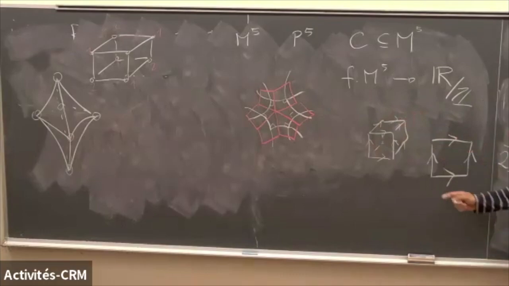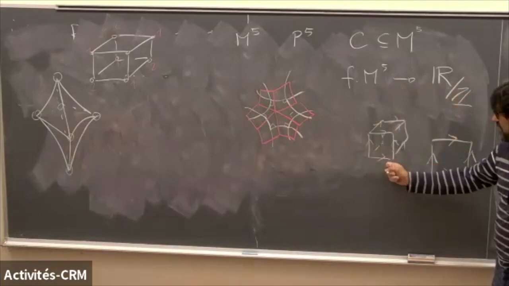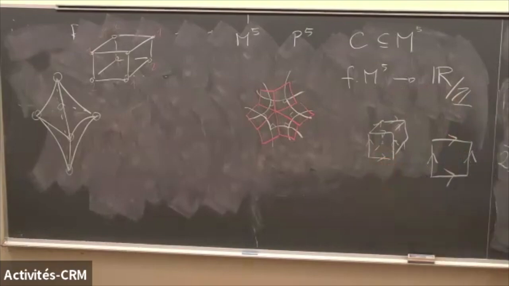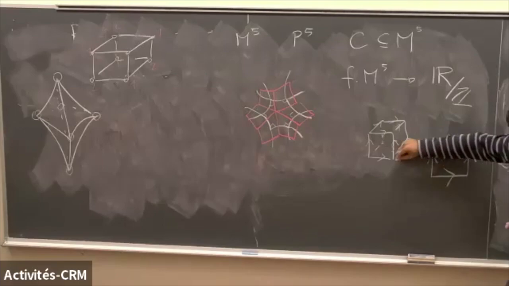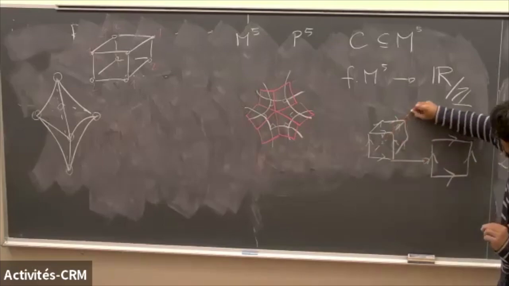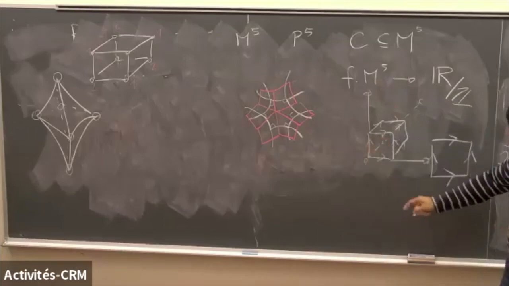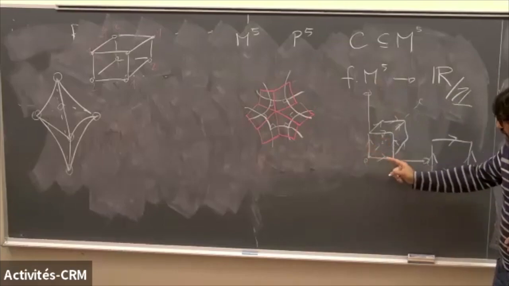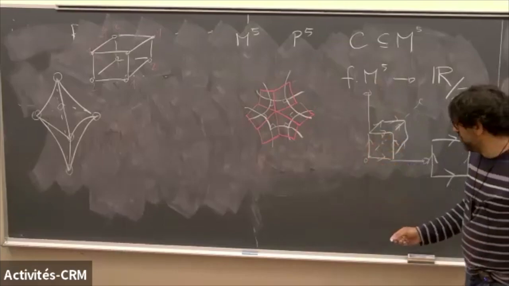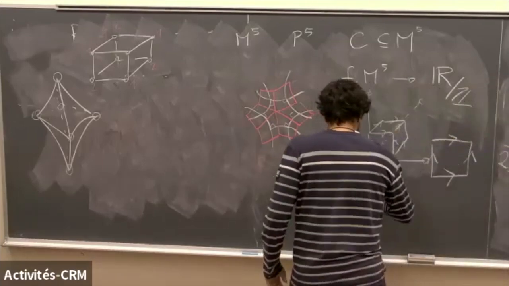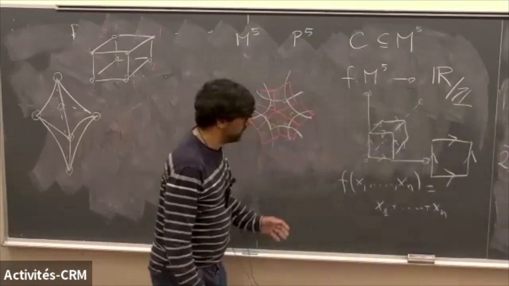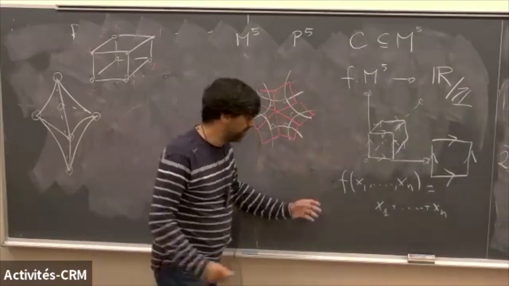If you are able to do this, you get a map, because these arrows give you a way to identify every cube canonically with the standard cube in R^n. You put the origin in the origin of the arrows, and then you take this map, which is called the diagonal map.